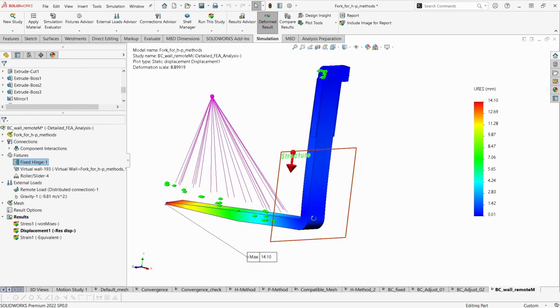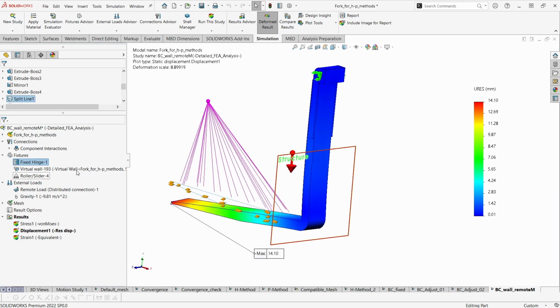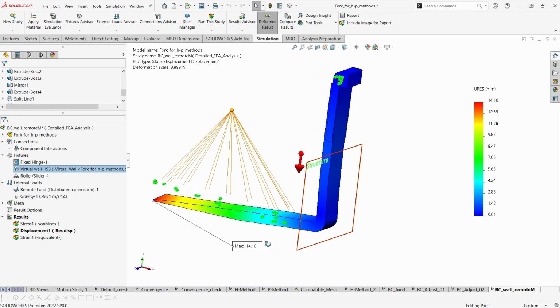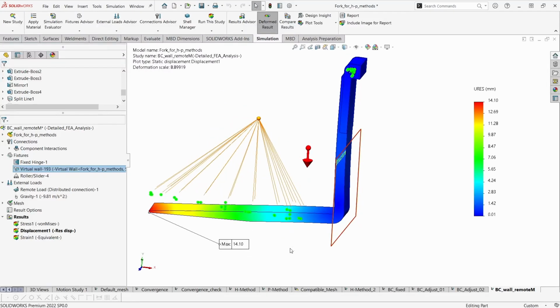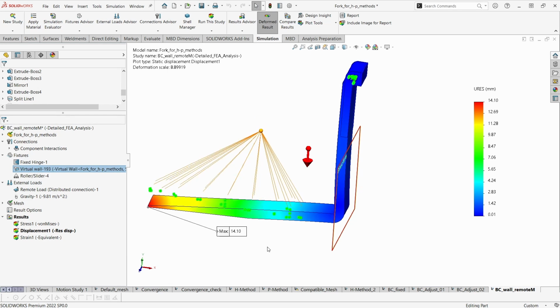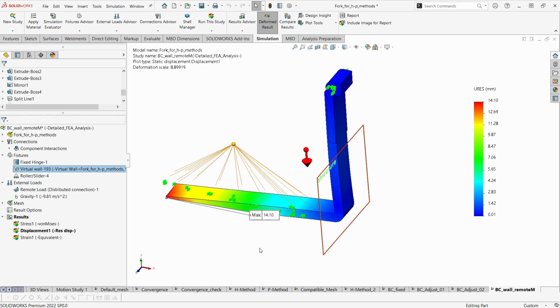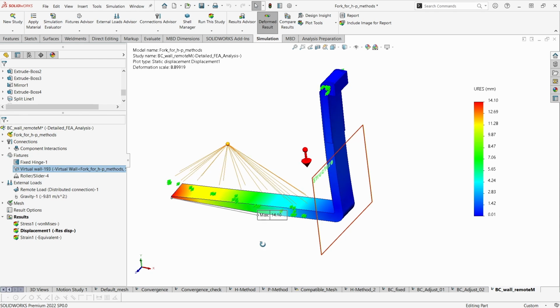In the bottom, we now are using the wall contact to represent that the structure is just touching the fork and just restricting the movement in the direction towards the structure, but not in the opposite direction. And now we are using the same remote mass as in the entire model, using the roller slider to represent the equivalent behavior done in the entire model. So, to me, this model is quite correct, right?